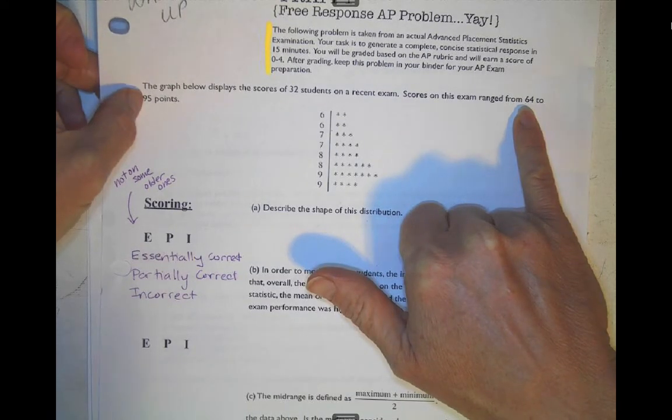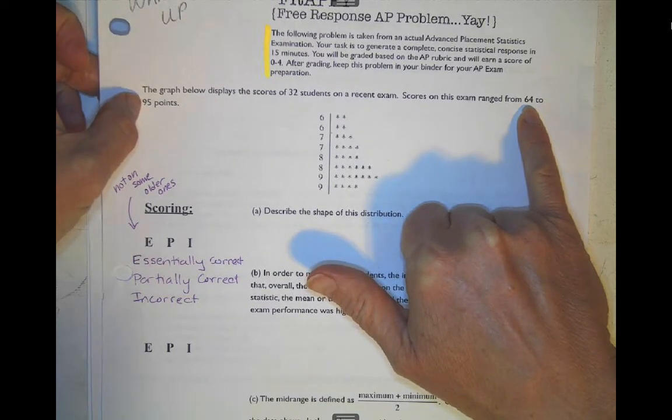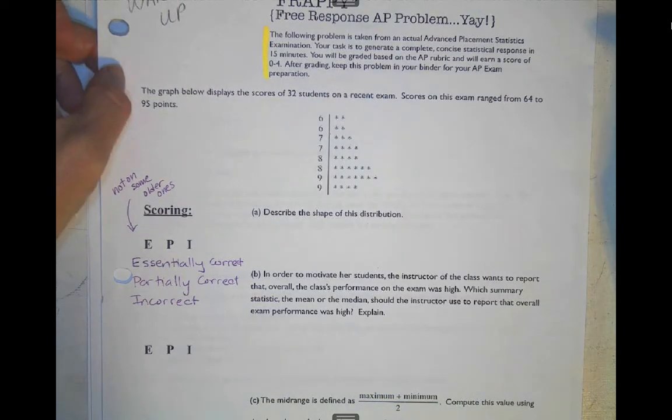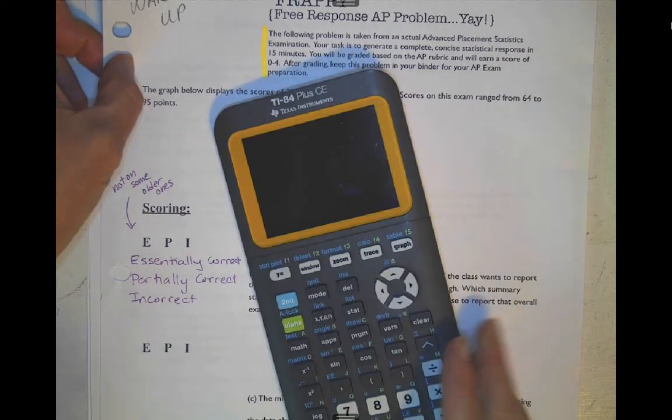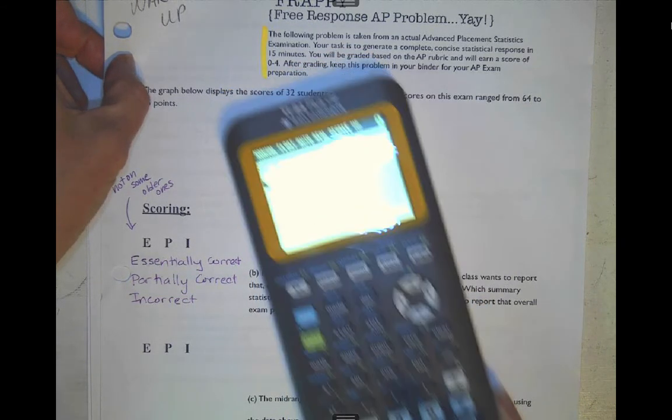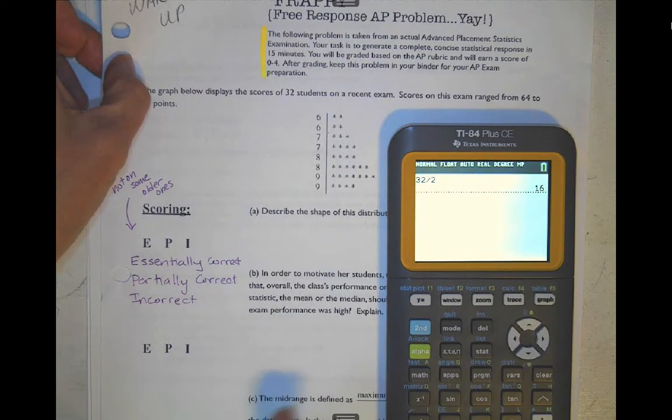You know that you have 64 values. You have 32 values. So the median, if I take 32 values and I divide it by 2, I get 16. So that means 16 values are below the median, 16 values are above the median.